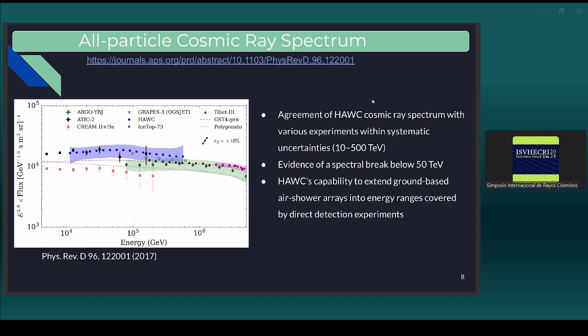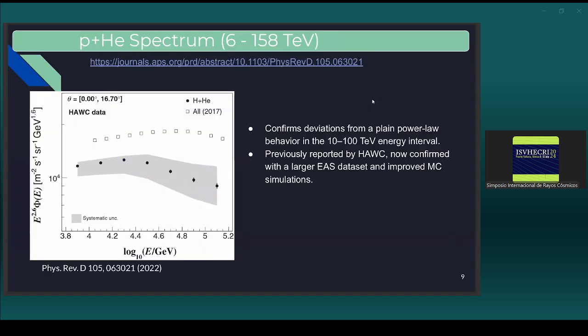One of the highlights of this result is that we seem to have a spectral break around 50 TeV. We just needed to check whether this break is statistically significant, and that was done just a few years later.